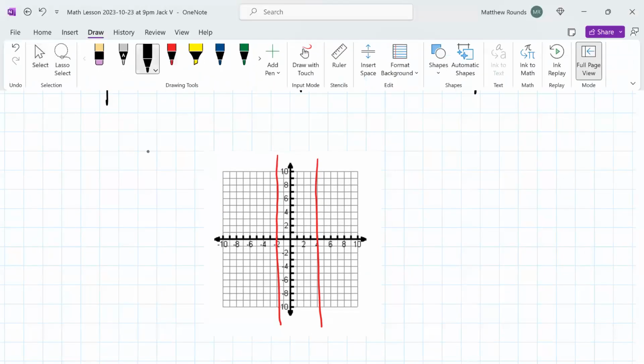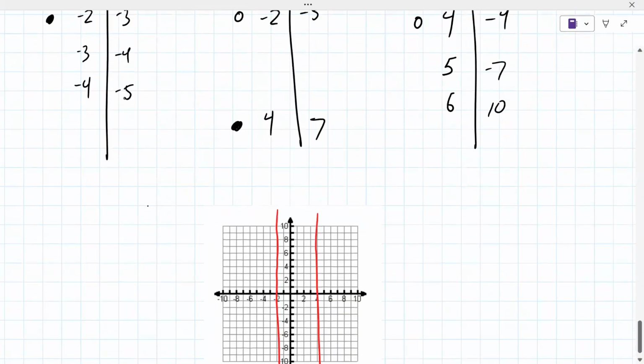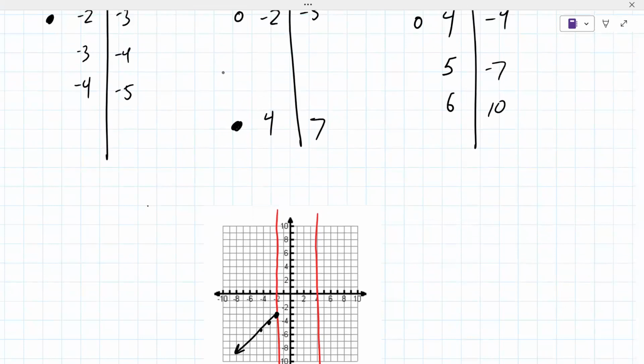That's why you create these tables, so that you know what to do. So at -2, -3, you got this, -3, -4, so on like that. And then for the other one, it's -2, -5, open circle, to 4, 7. You get kind of a connection in there. And the last one's 4, -4, open circle, and it's going down like that forever.